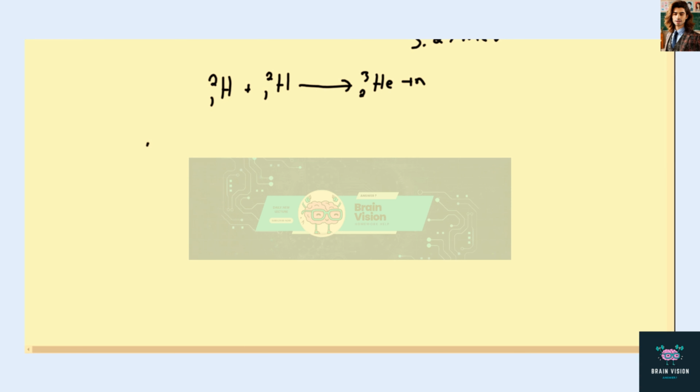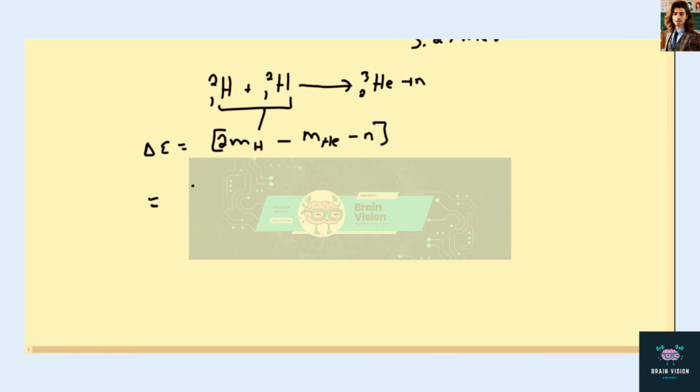And here we have M of H, and we're just going to times it by 2 because there's 2 here, minus M of He, this is atomic mass, minus the neutron.